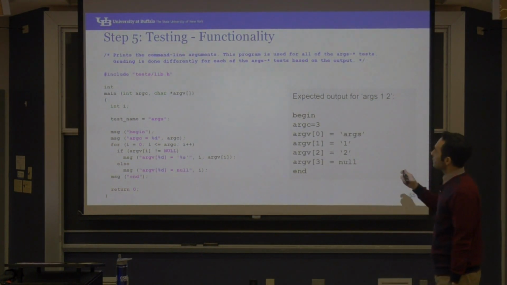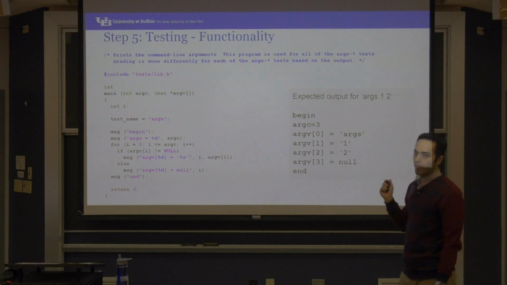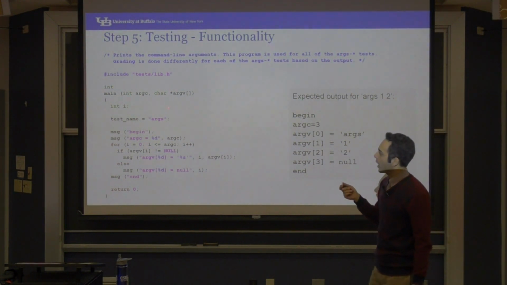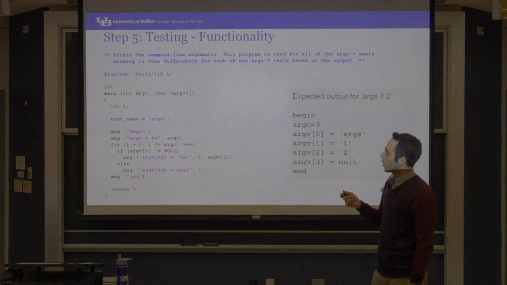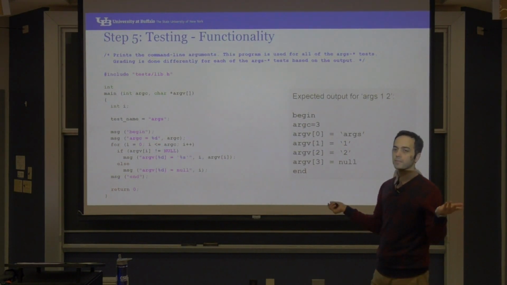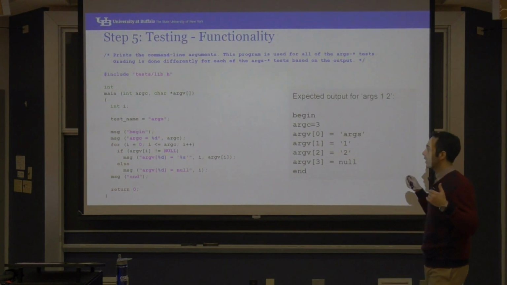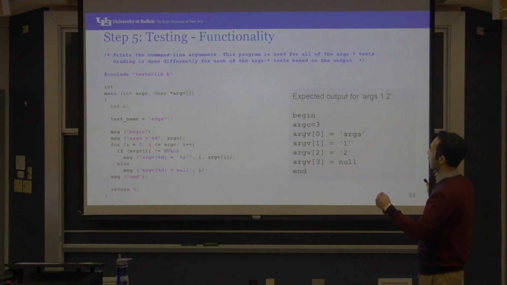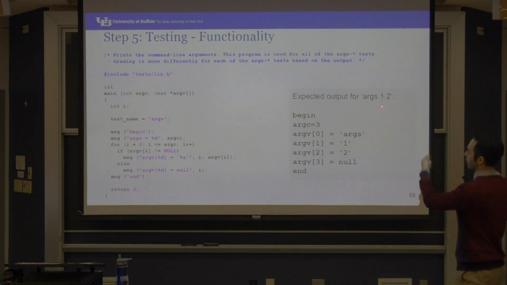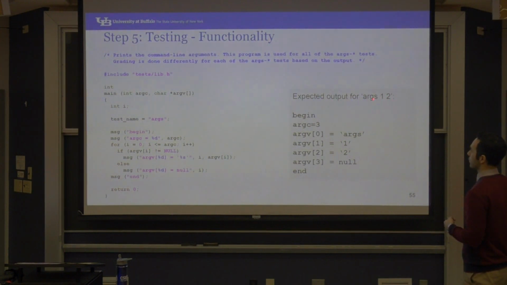So this is an example for argument passing, right? This user program starts, takes a look at its arguments, and then just prints them out. That's it. Now, the tester script will check the user program for args 1 2. I'm calling the args program with arguments like 1 and 2.